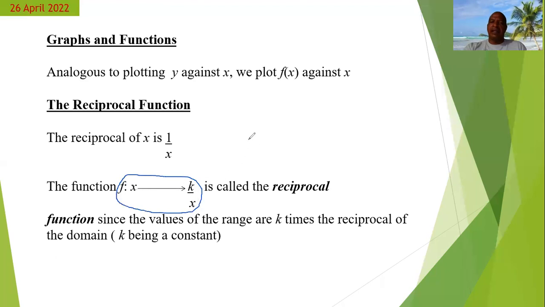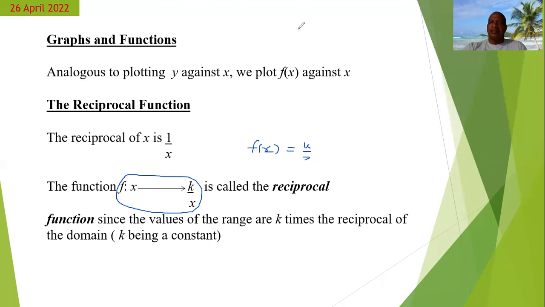Another way you could write this, you could say f of x is equal to k over x. All right. So this way would be easier to write than the way that we have it here, but they mean the exact same thing.